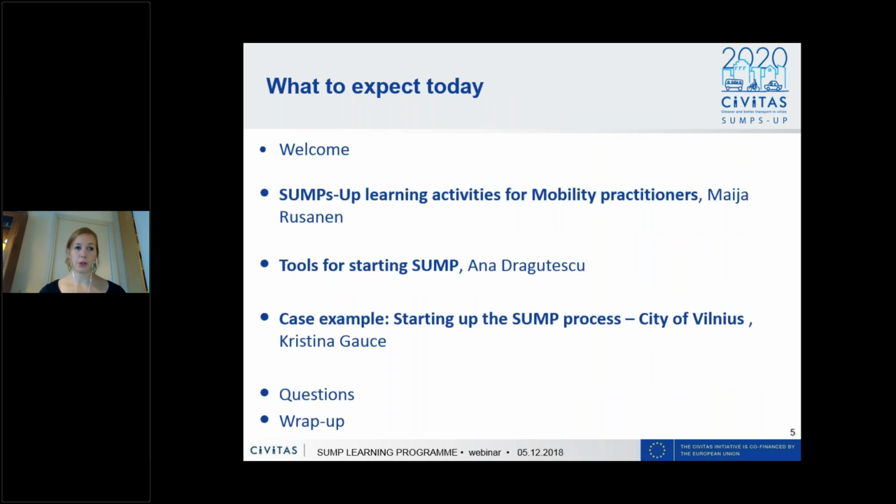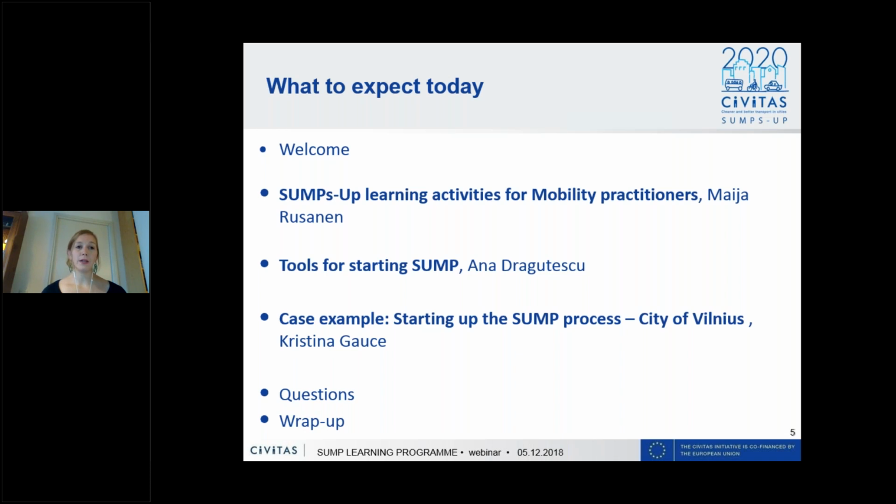And this is what we're going to do. We will start with Maja introducing you to different learning activities for mobility practitioners, that means for you, that we offer within the SUMPs-Up project. Then Anna will give a short introduction on different tools for starting a SUMP that you can use. Perhaps you have used them already.